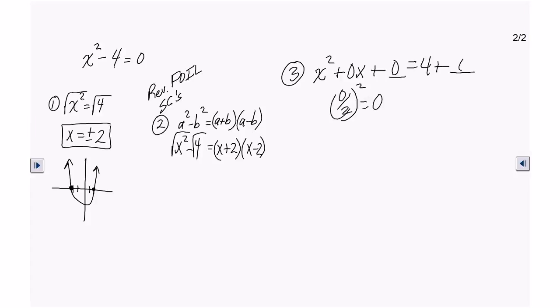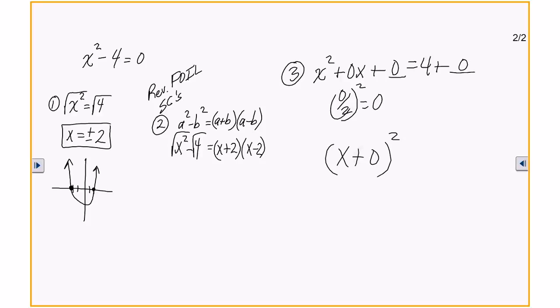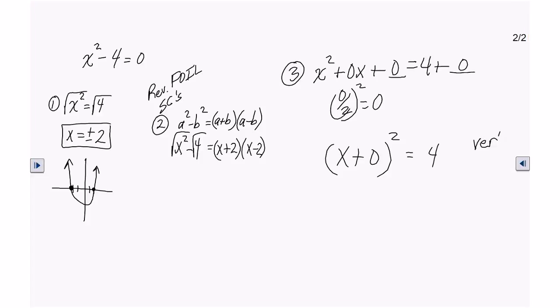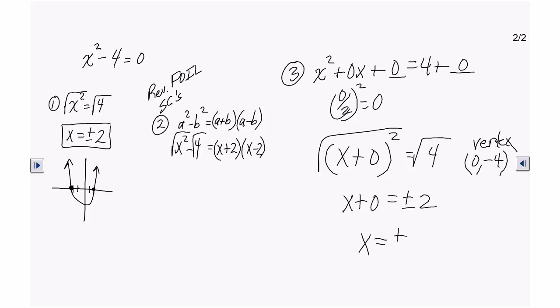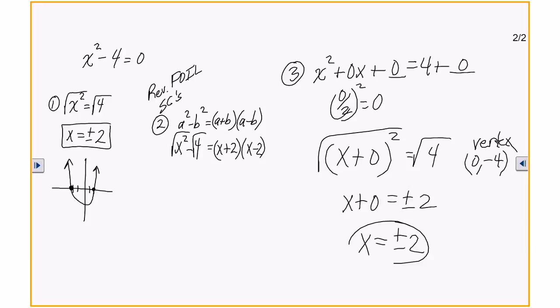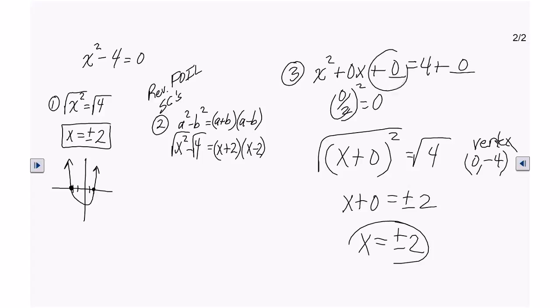Put a 0 there, put a 0 there. X plus 0, quantity squared using the shortcuts, is equal to 4. Your vertex is 0, negative 4. Take the opposite of both. Solve for x. X plus 0 is equal to positive or negative 2. X is equal to positive or negative 2. And there are your x-intercepts, and your y-intercept is 0, 0.